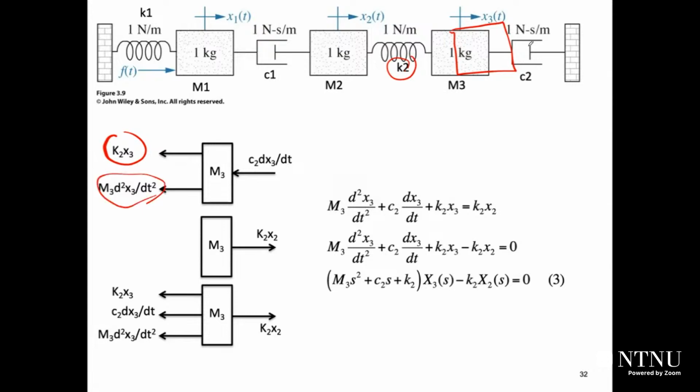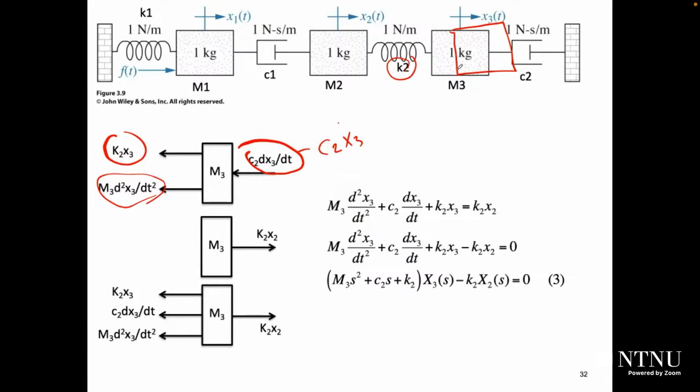And also this damper will generate a force in the opposite direction because it will oppose this movement to the right, so it will be c2 multiplied by x3 dot.